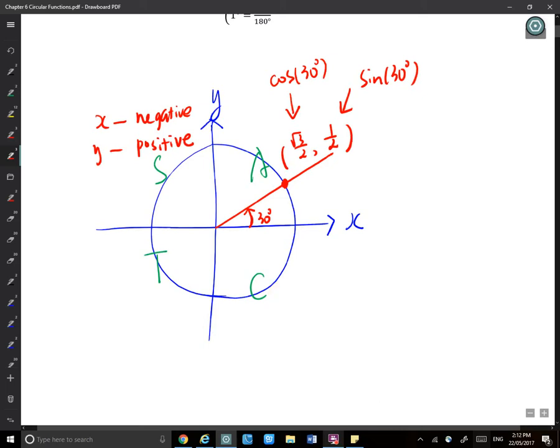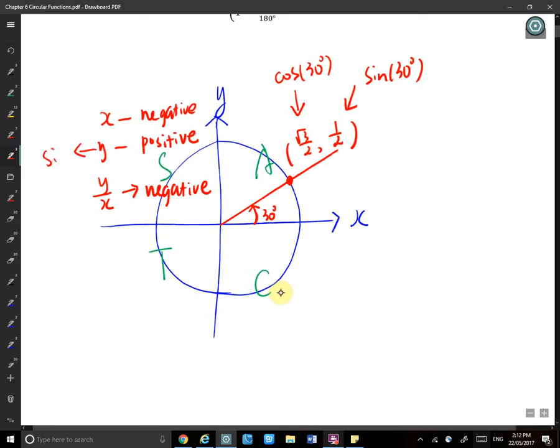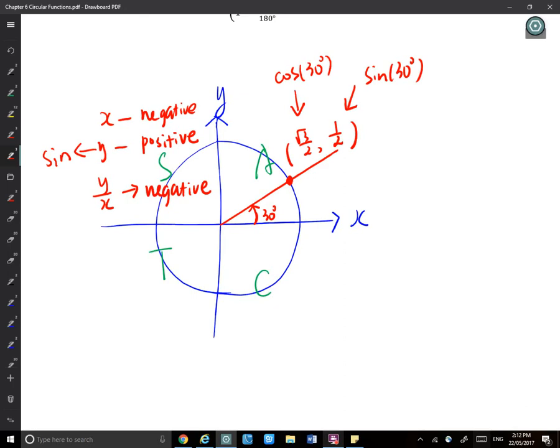So sine over cos, which is y over x, will be negative. Therefore, only y is positive, and y represents the sine value. So in this quadrant, only sine is positive.